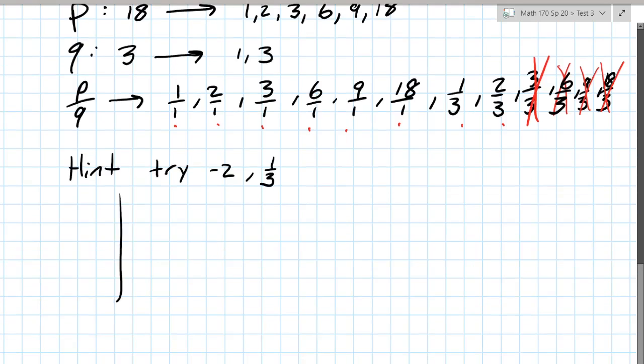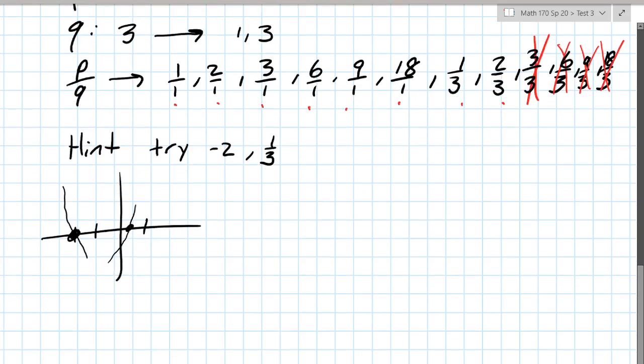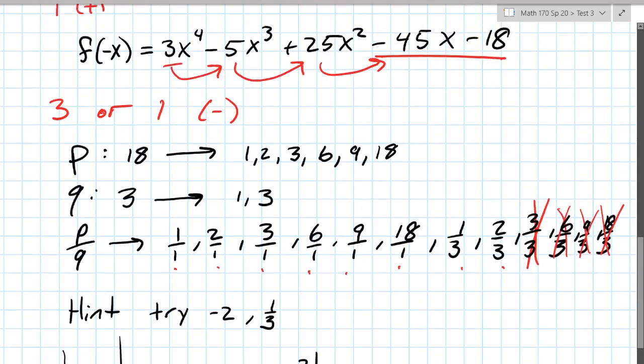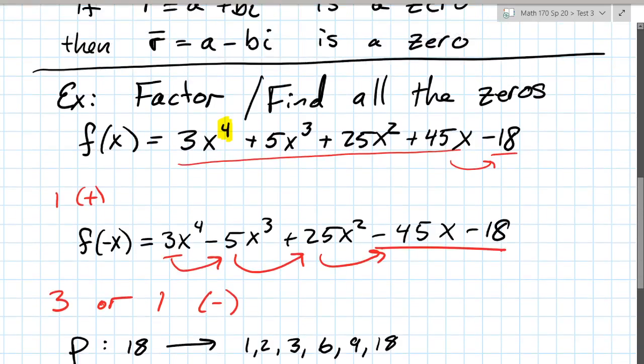That is, the graph ends up crossing at -2, and it looks like perhaps a positive 1/3. Graph does something like this, something like that. So let's try -2. We need to look back at our polynomial and decide whether or not we have any missing terms. Doesn't look like there are any missing terms.